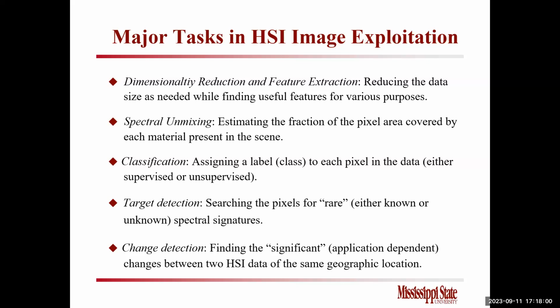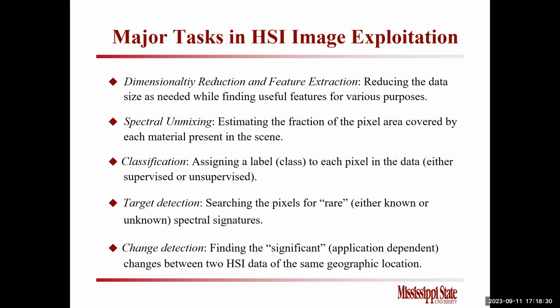We merely assume we have a target signature, either a spectral signature or a spatial template. And then this could also be supervised or unsupervised. If it is unsupervised, that means we don't even know what the target is. We're just looking for something very different from the background. So target detection and anomaly detection also have very important applications.